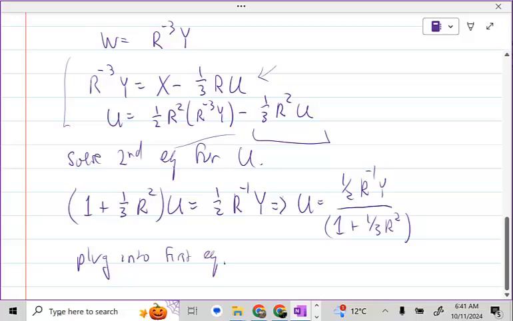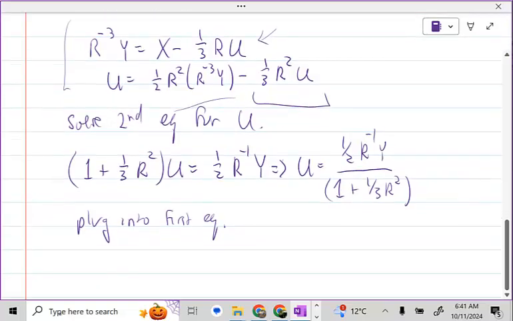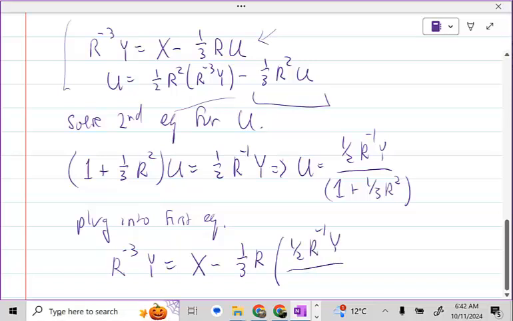Okay, and we're just about there. So we have R to the minus 3Y. You can see this is systematic. You just have to follow through the procedure and do the algebra. Minus 1/3 R, and then my U is here, 1/2 R to the minus 1 Y over 1 plus 1/3 R squared.